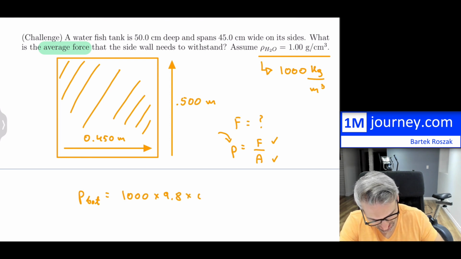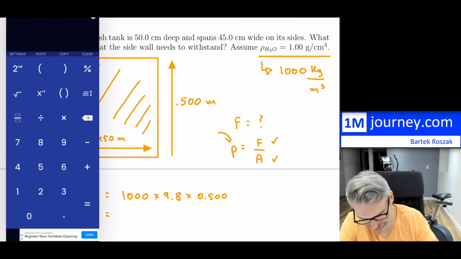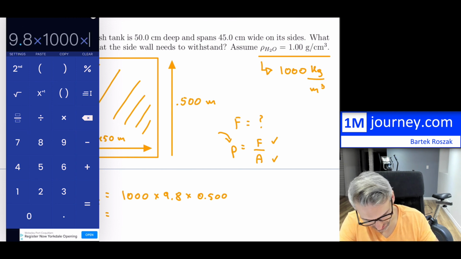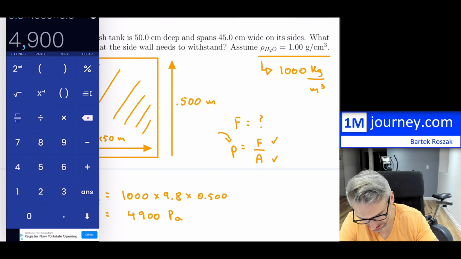The height is 0.5. Let me calculate that: 9.8 times 1,000 times 0.5 gives 4,900 pascals. That's at the bottom.